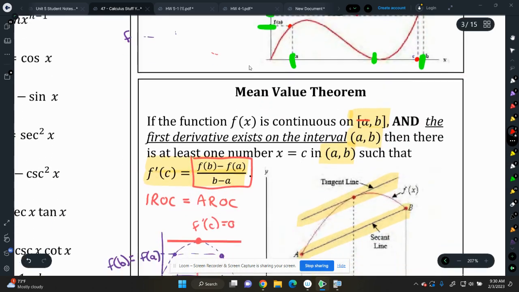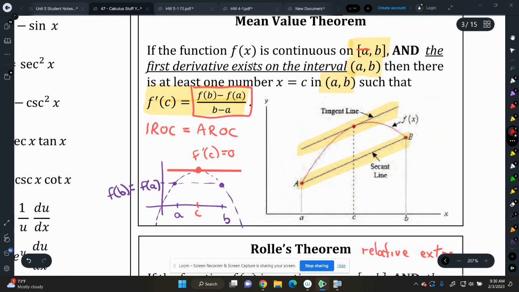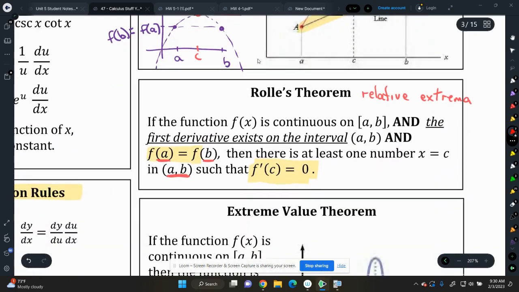Okay. The mean value theorem, again, we're continuous on that closed interval, but here we also have to be differentiable. Our average rate of change will be equal to our instantaneous rate of change at some point. So the AROC is equal to the derivative at some point. That's the mean value theorem.